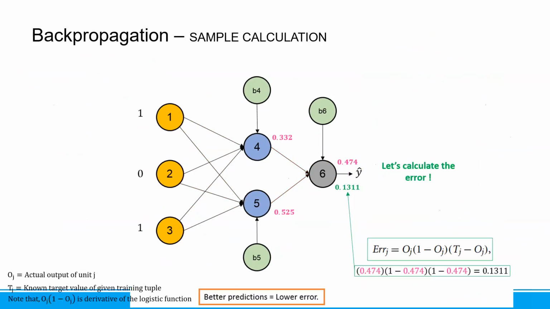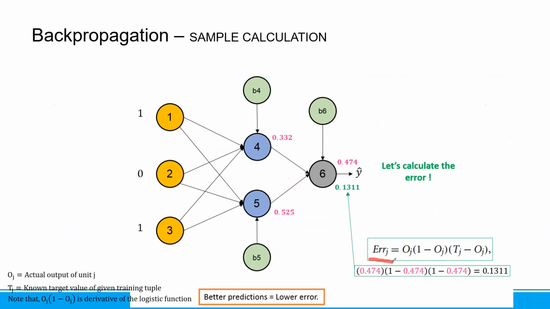Now we can calculate the error. How we calculate the error depends on how you define this problem, whether it is classification or prediction. There is one error formula that has been defined in this network.